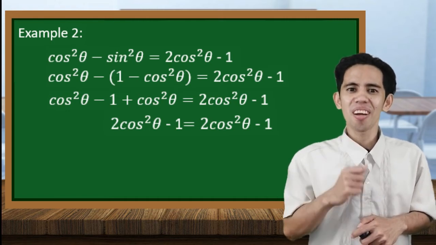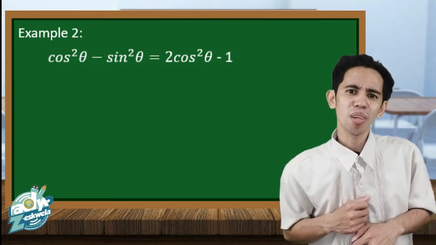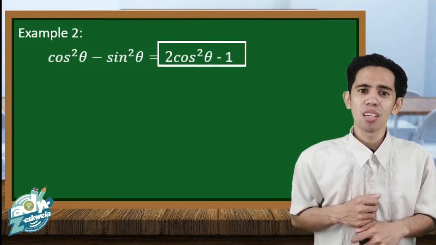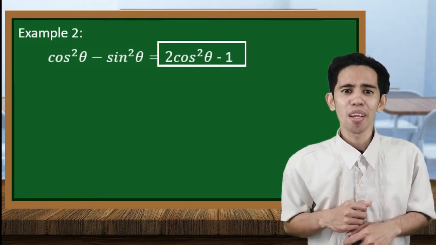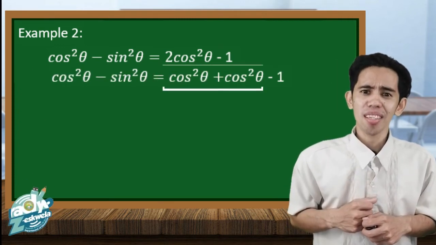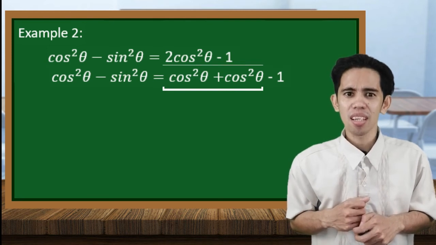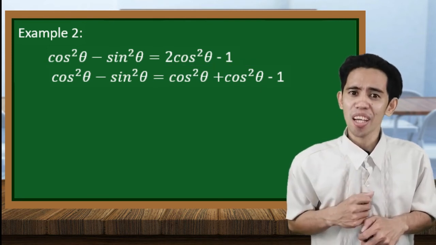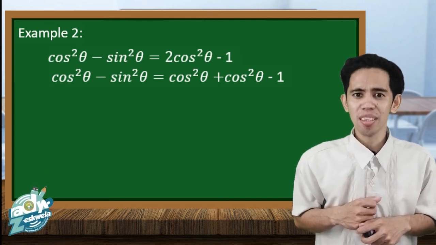Then, they are identical. How about if we're going to manipulate the right part of the equation, which is 2 cos squared theta minus 1. By expanding the 2 cos squared theta into cos squared theta plus cos squared theta, then substitute the cos squared theta in Pythagorean identities, which is 1 minus sine squared theta.